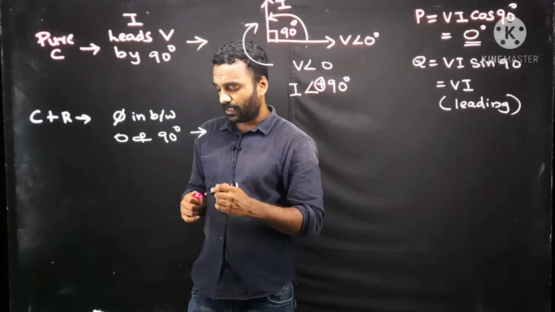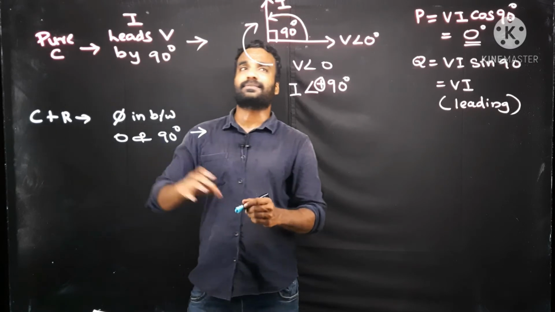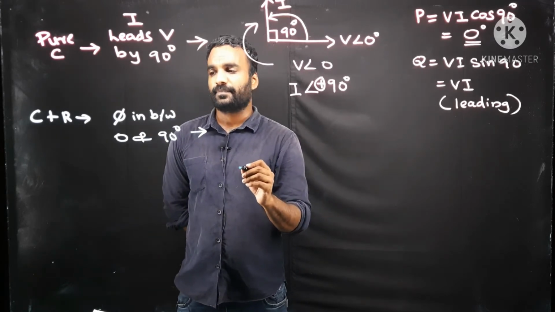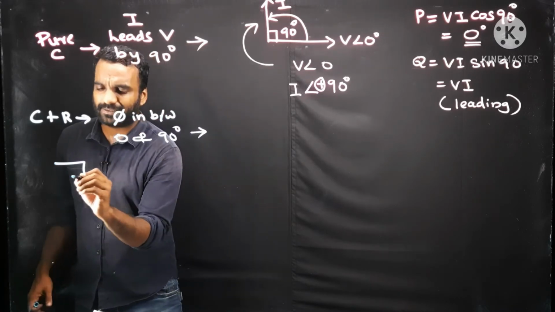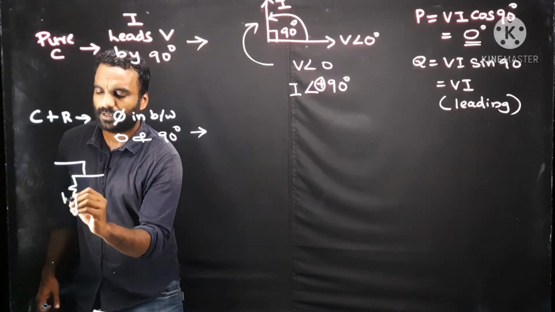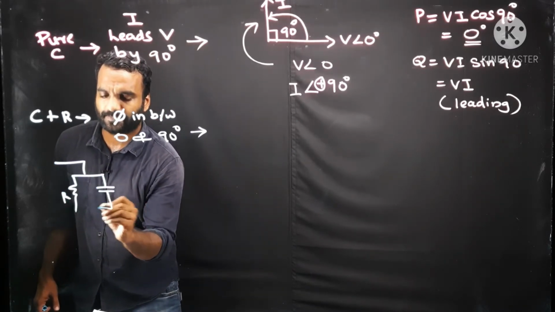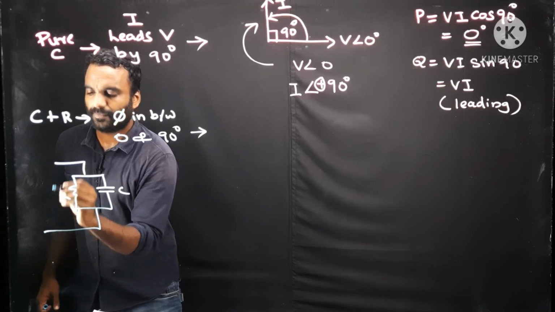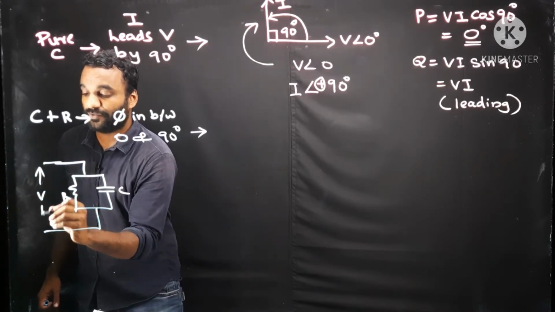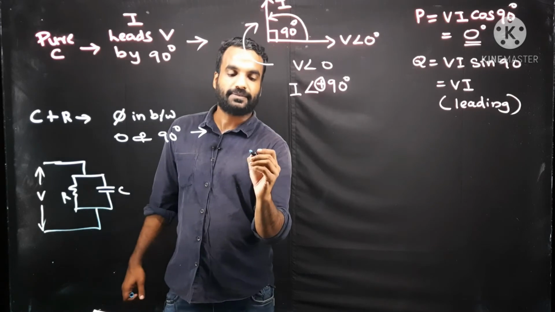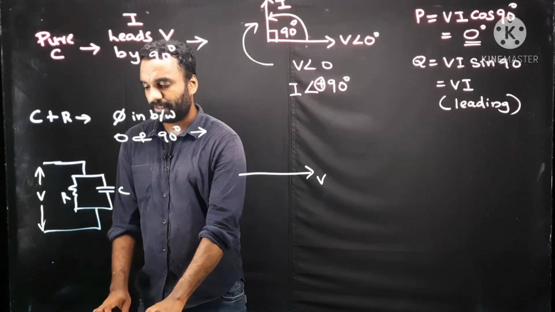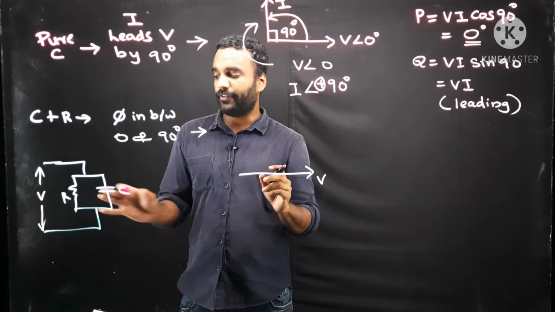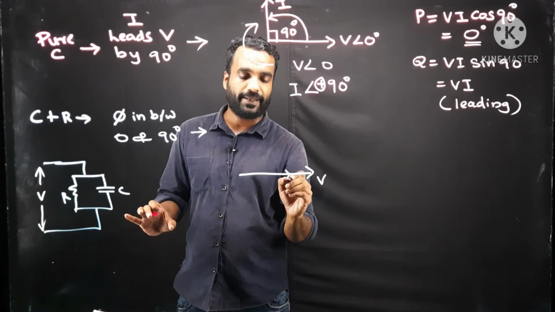Okay. Now I am moving to the R plus C circuit. So what will be the angle? Consider a parallel circuit of R and C, where you are giving a voltage V. So V is the reference, and if it is purely resistor, the current will be coming here somewhere.